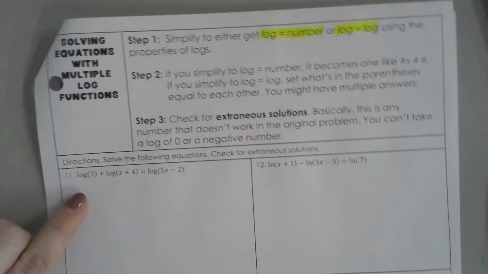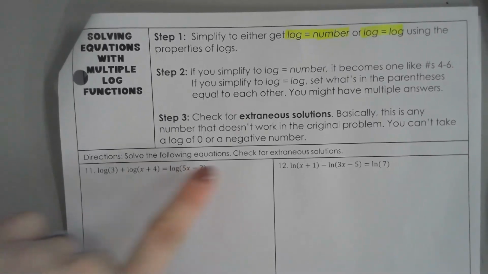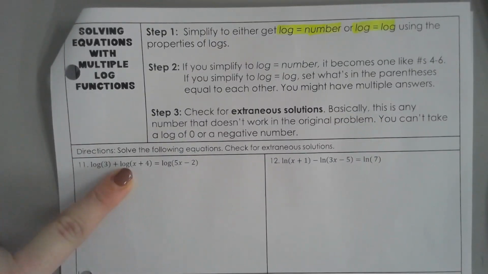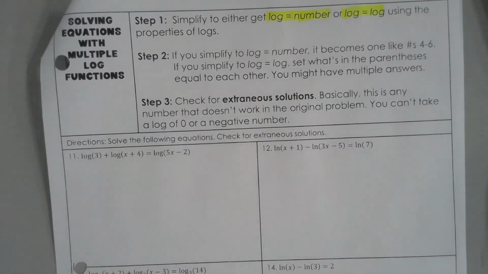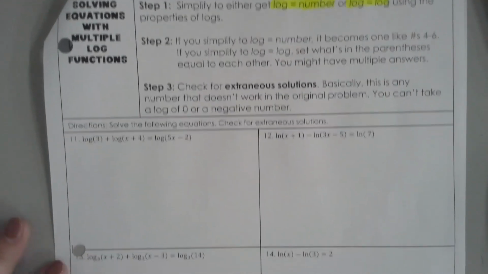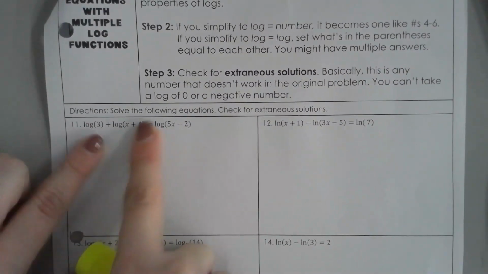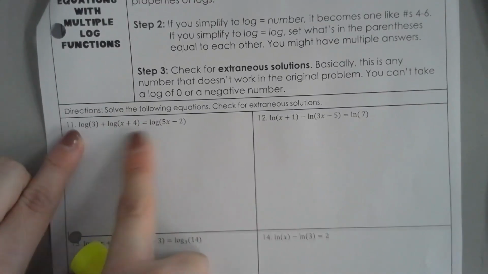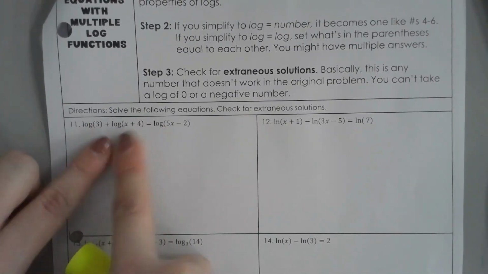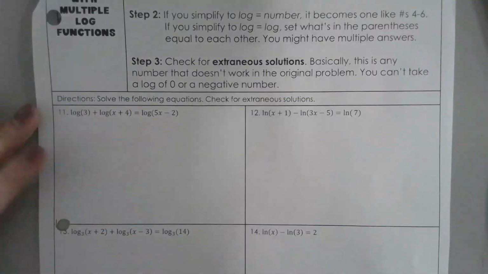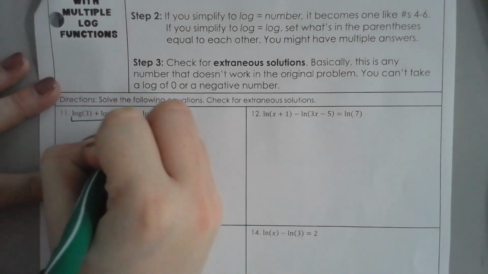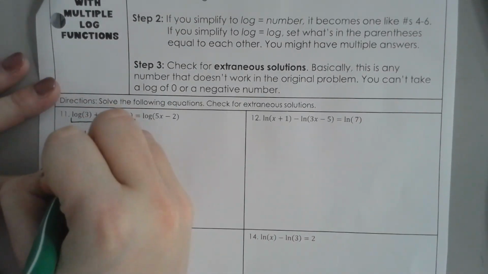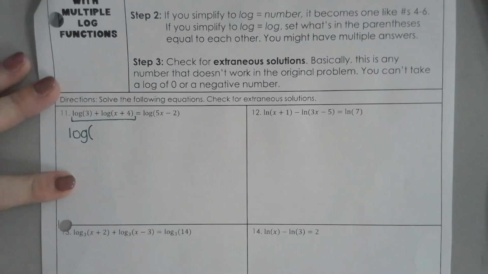So notice how in number 11, I don't have any just numbers by themselves like I do in number 14, really the only other one. So these I want to get log equals log. So this left side, I need to condense these into one log. And so this is going to become log of what?